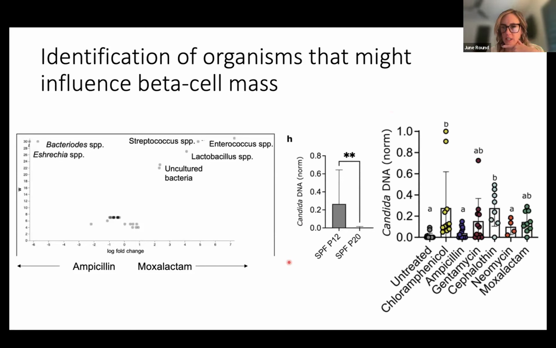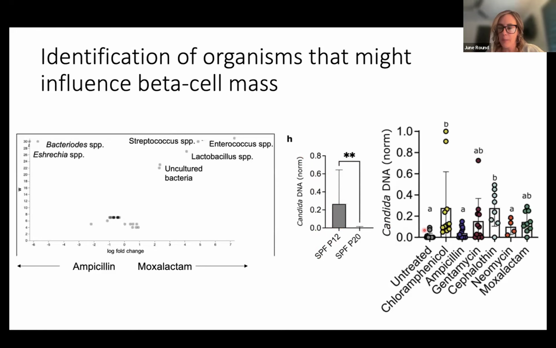But when we looked in our animals over this window of time, when they're infants, we focused largely on Candida, because we know that Candida has been reported in many animal models as being present in infant animals. We saw that in infancy, there was this very large bloom of different Candida species at P12 that significantly dropped by the end of our developmental window, P20.